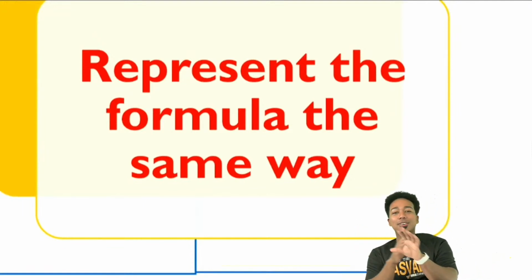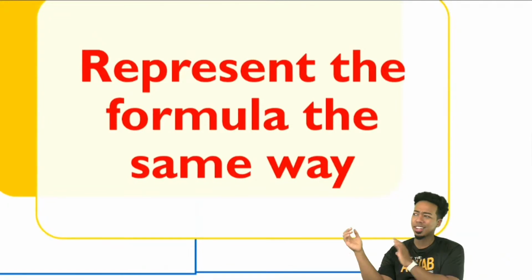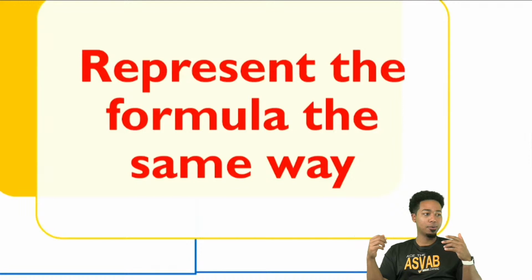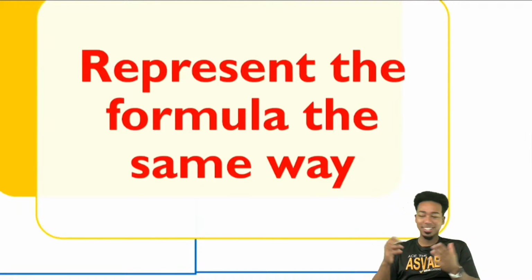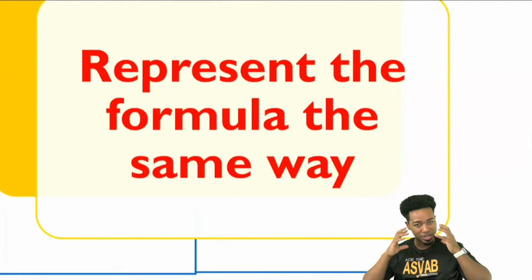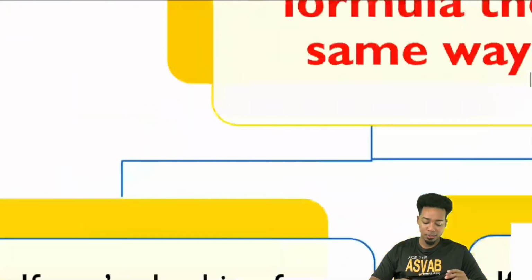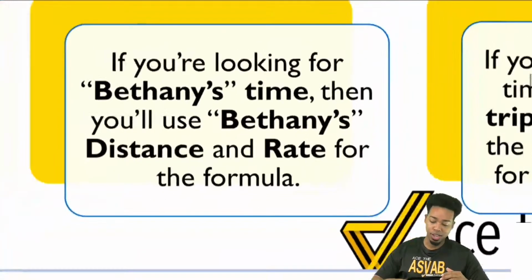Don't freak out, this is not anything crazy. It's just a reminder. Don't think about this as another formula. This is just a piece of sense that you want to attach to distance, rate, time, really for all formulaic things, but particularly today since we're doing distance, rate, time.